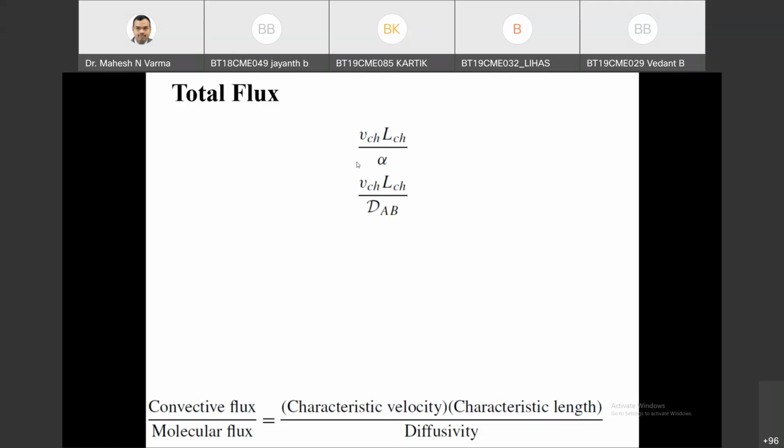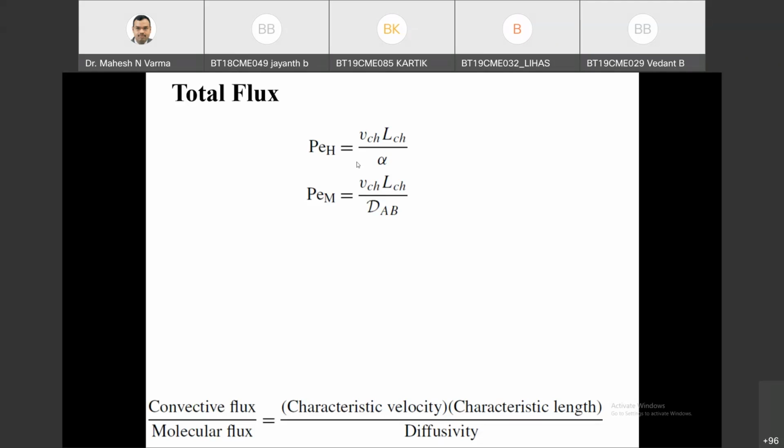But here you only need to remember the Peclet number for heat transfer and the Peclet number for mass transfer. The Peclet number for heat transfer is velocity into characteristic length divided by alpha, the thermal diffusivity. The Peclet number for mass transfer is velocity into length divided by diffusivity.